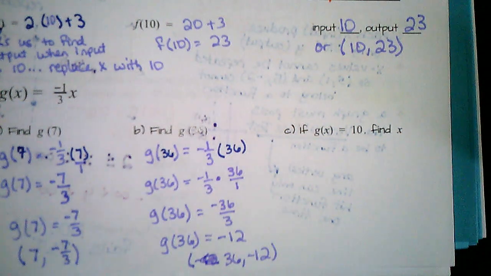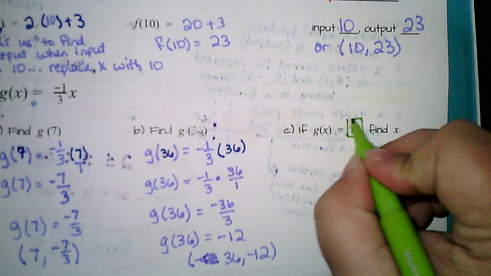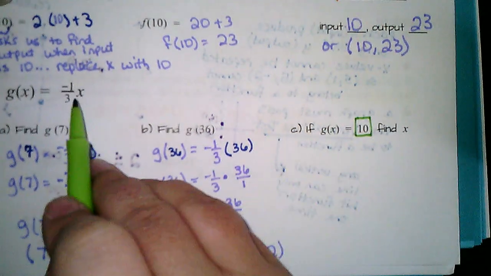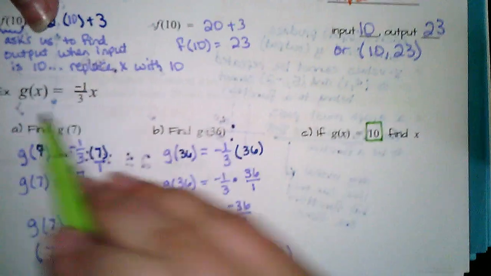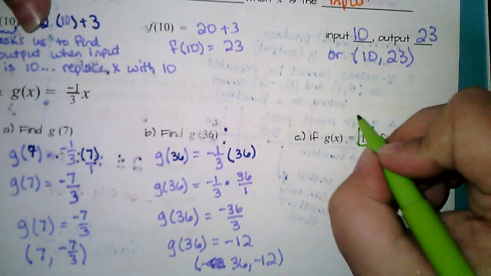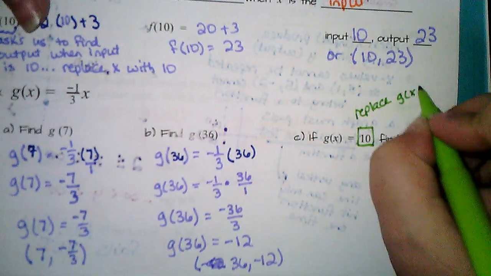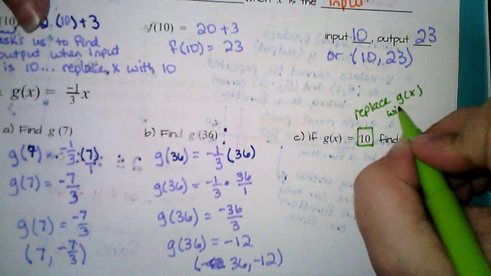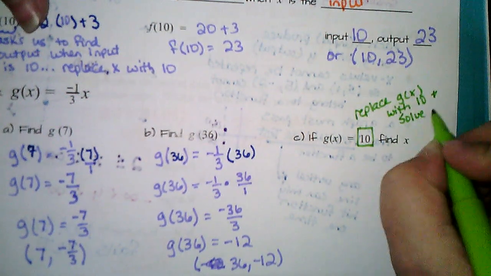So this one's crazy because what it wants me to do, it didn't give me the input. So it didn't give me the x to put in here. It gave me this side over here. So what it wants us to do is replace the g of x with 10 and solve for x.